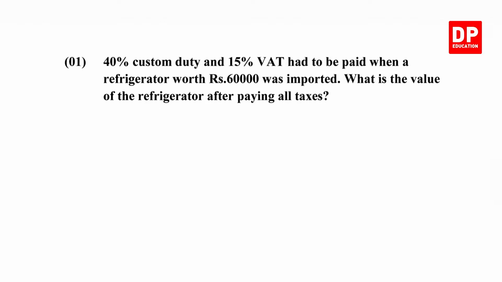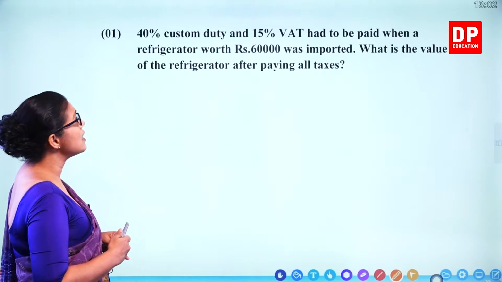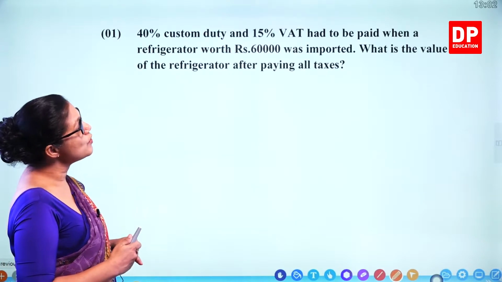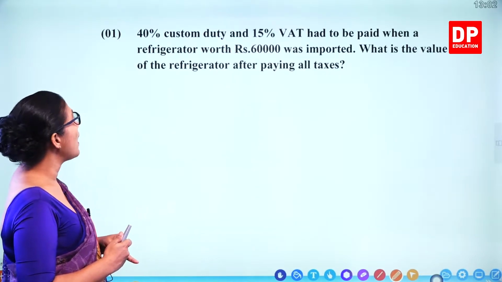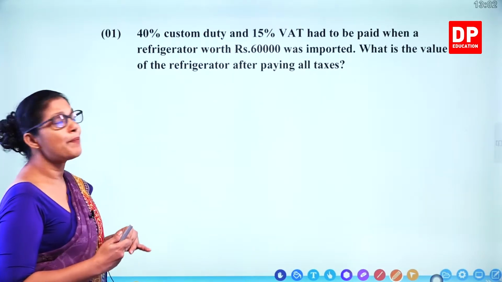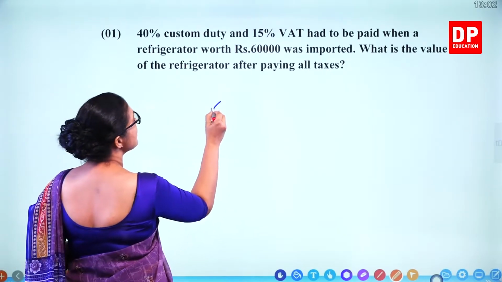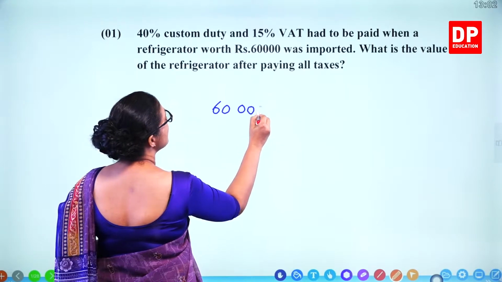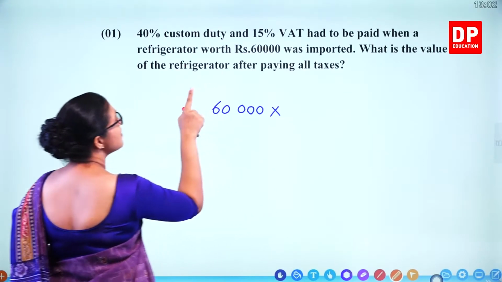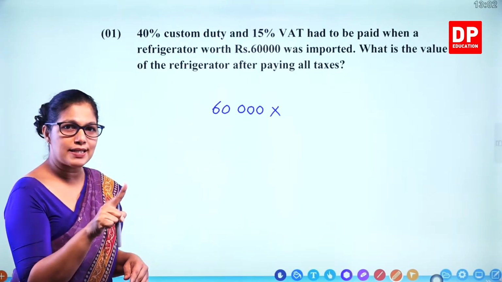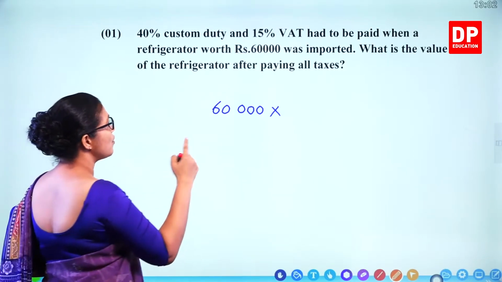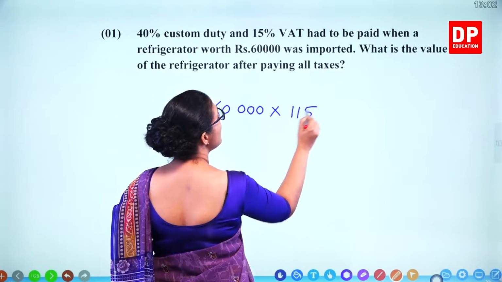Question number 1. 40% custom duty and 15% VAT had to be paid when a refrigerator worth 60,000 rupees was imported. What is the value of the refrigerator after paying all taxes? So what's the value? 60,000 rupees. If we consider 15% VAT, we have to add 100 to that, 115 over 100.